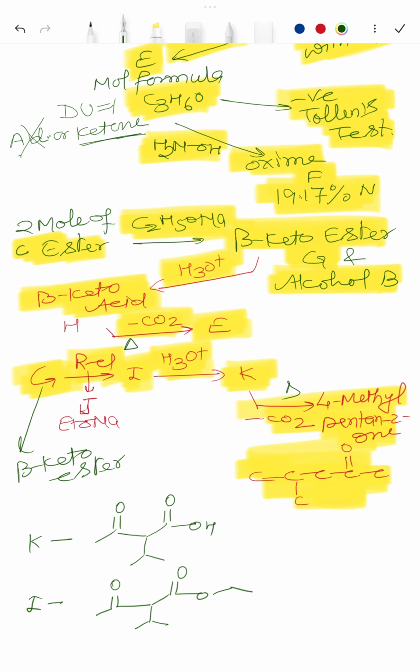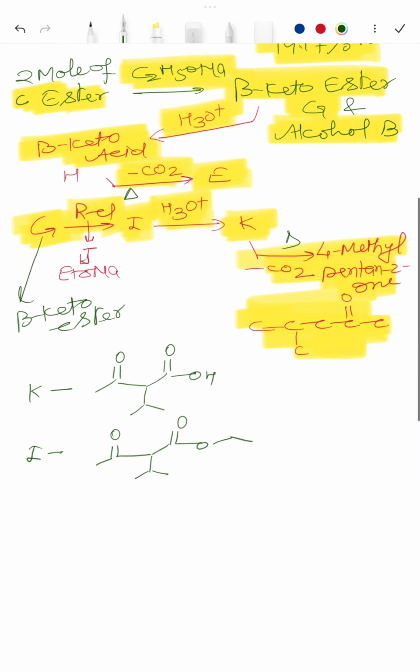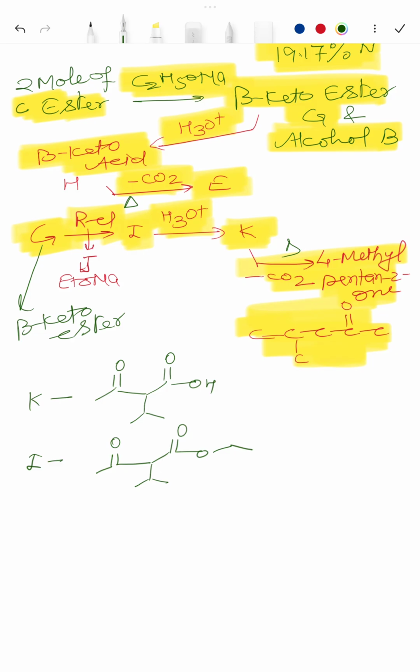Okay. And G reacts with EtONa. So what should be G? G has C double bond O and C double bond O like this.